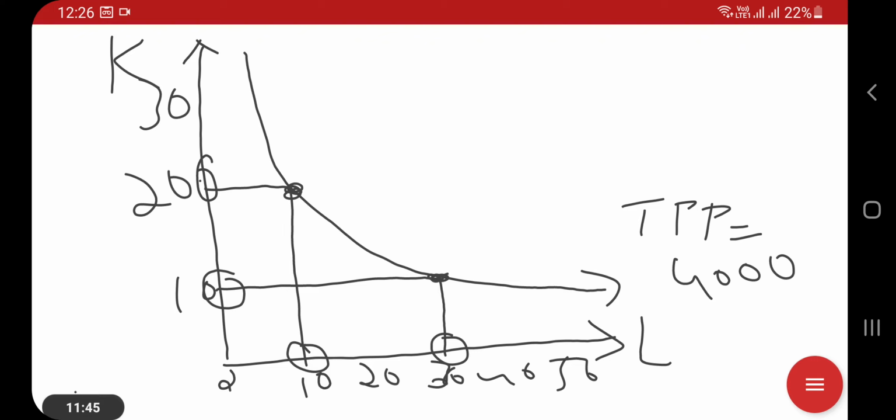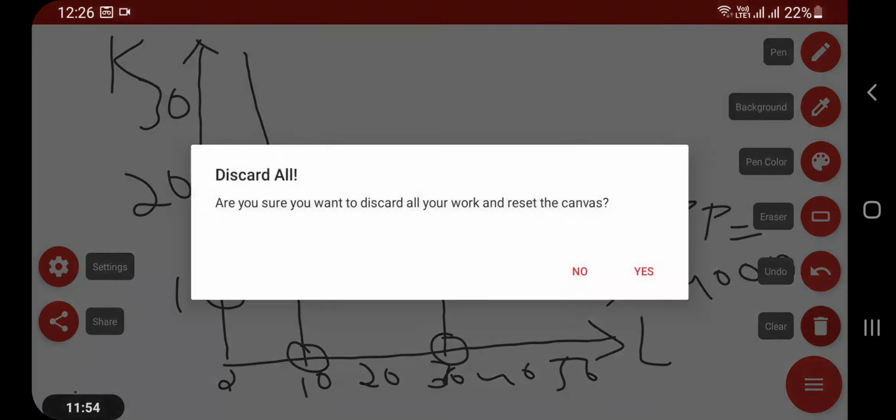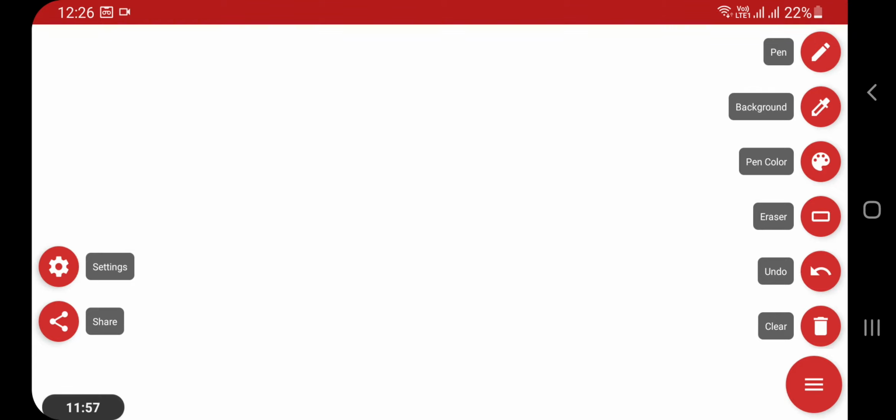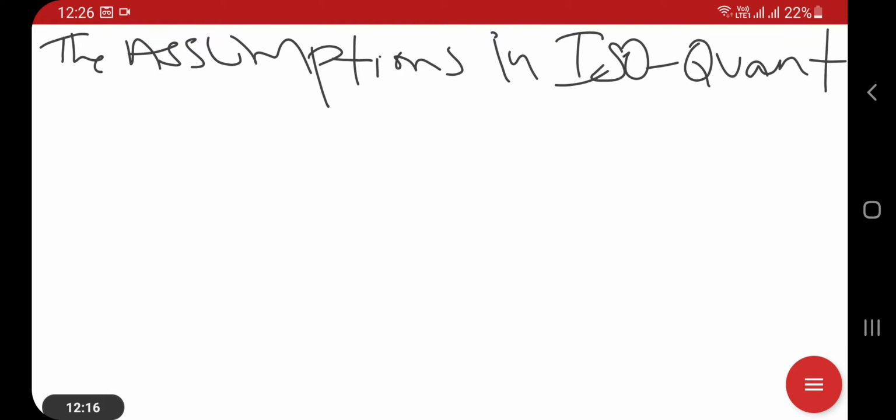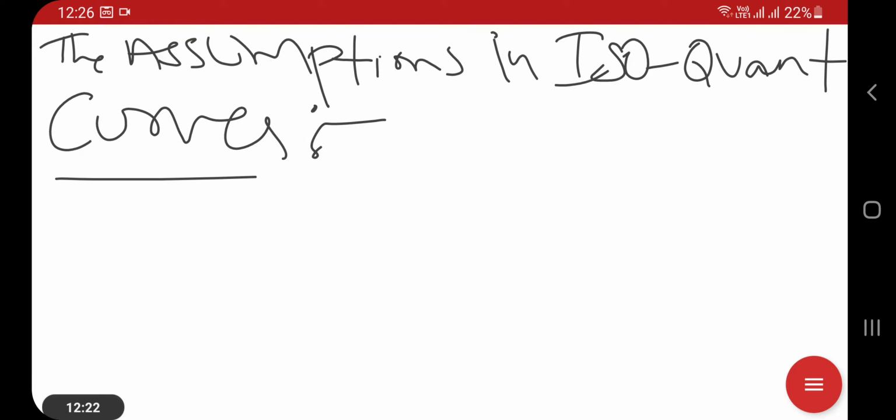Assumptions. What are the assumptions in isoquant curves? Two factors of production.